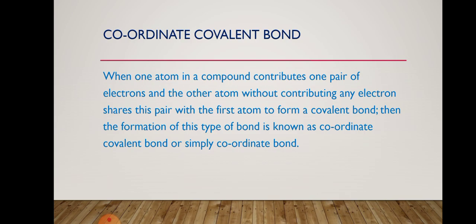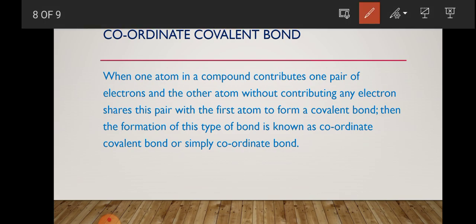One atom gives one pair of electrons and the other atom, without contributing any electron, shares this pair with the first atom to form a covalent bond, and then this type of covalent bond formation is known as a coordinate covalent bond or simply a coordinate bond.